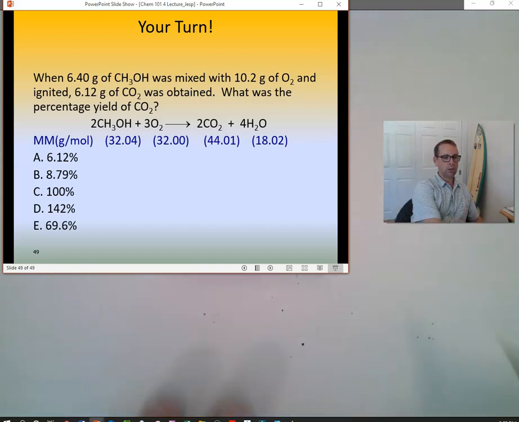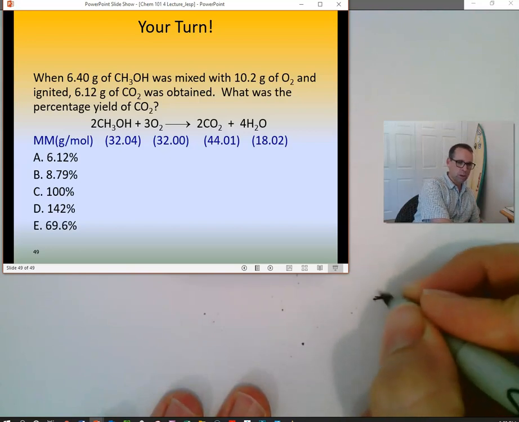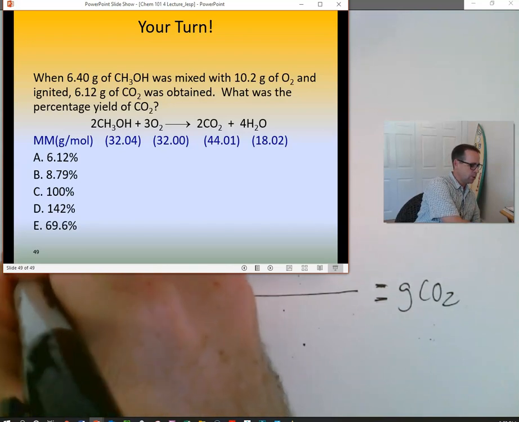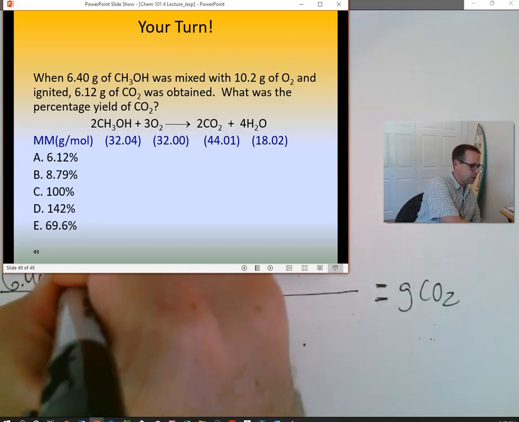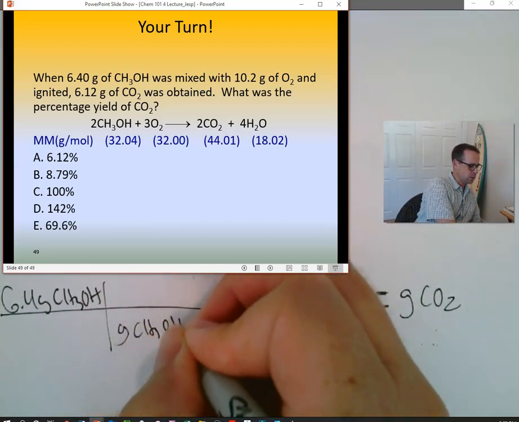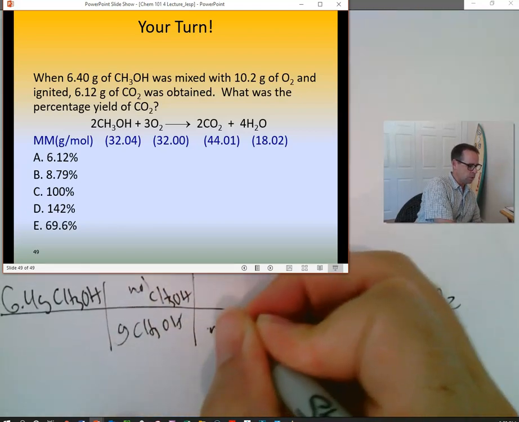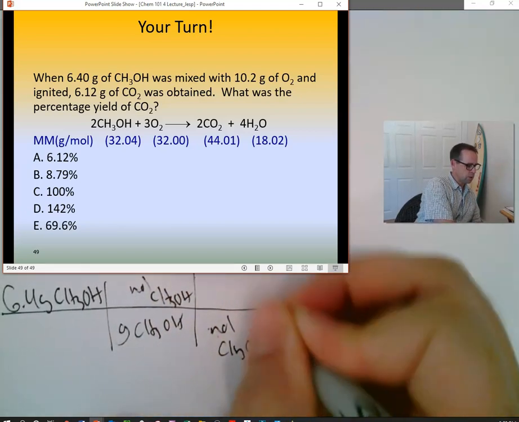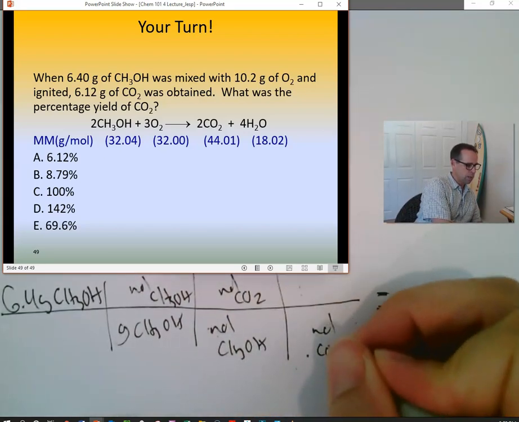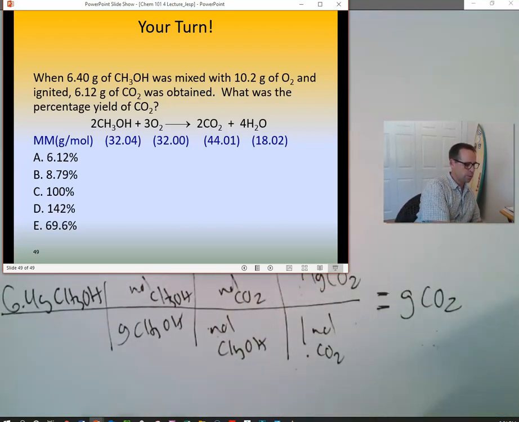All right. So hopefully you did it. I'm going to show you how to do it now. We're looking for our grams of carbon dioxide, starting with 6.4 grams of CH3OH, going from grams of CH3OH to moles of CH3OH, and then moles of CH3OH to moles of carbon dioxide, and then moles of carbon dioxide to grams of carbon dioxide. There's 44 grams per mole.